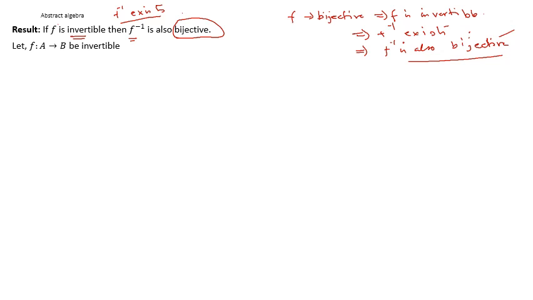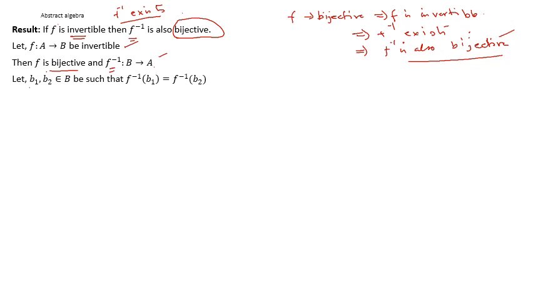Now let us assume f to be invertible. Then therefore by the previous result f is bijective, এবং f inverse যেটা আমরা আগেরবার g বলে ডিনোট করেছিলাম, f inverse will be a mapping from b to a. Suppose দুটো এলিমেন্ট আমরা b এ নিলাম, b1 b2, such that f inverse b1 equal to f inverse b2. Then f of f inverse b1 equal to f of f inverse b2.